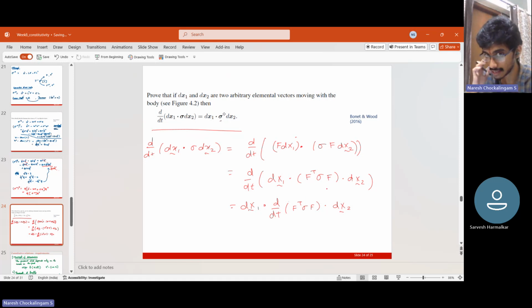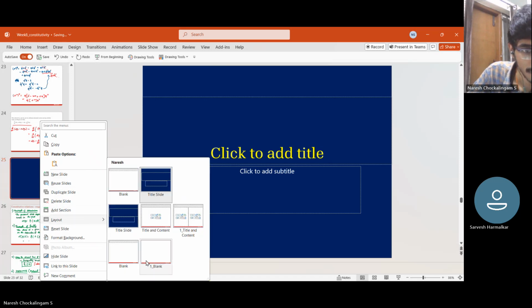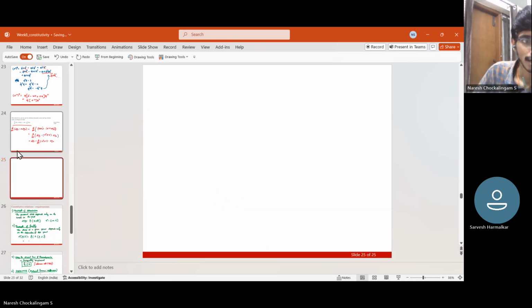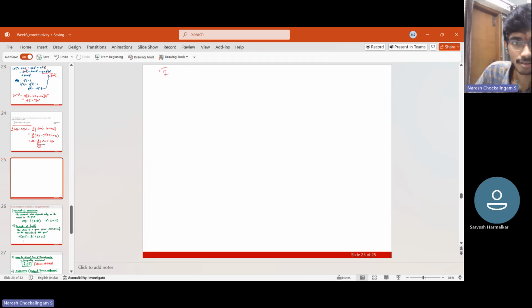So if you recall, what is F transpose sigma F? Let us call this quantity some 1, where 1 is d by dt of F transpose sigma F.